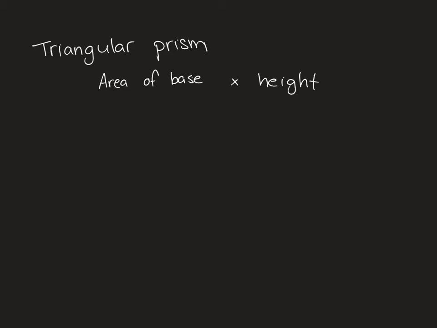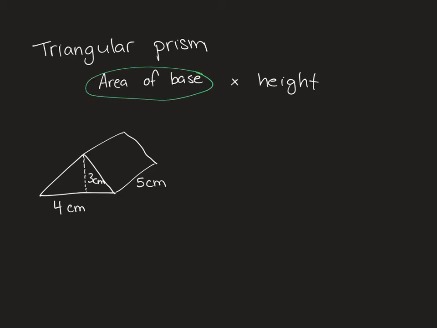So if I draw you the base of a triangle, and let's say that this is 4 centimeters, this is 3 centimeters, and it's going to go up 5 centimeters. My first step is to find the area of the base. So that's going to be the triangle shape, not the rectangles.